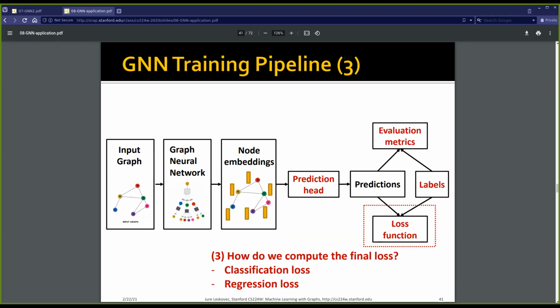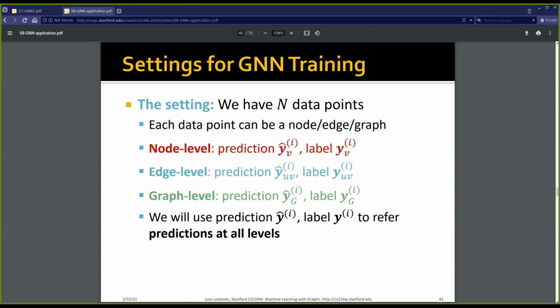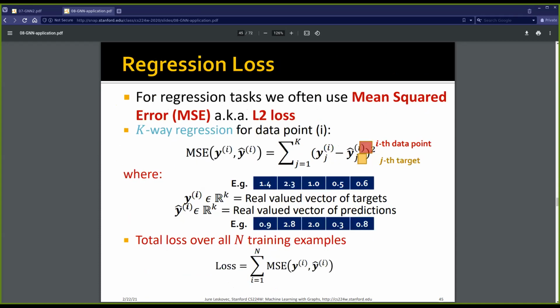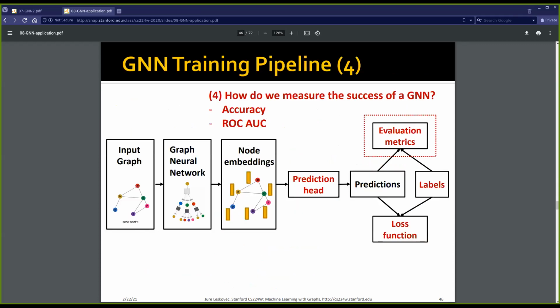Okay, so for the loss function, you can either do classification or regression. They just consider these two cases. For example, in the classification case, you can use cross entropy loss. In the regression case, you can use the mean squared error or the L2 loss, so-called. And how can you evaluate it?